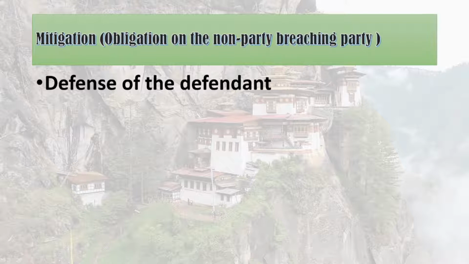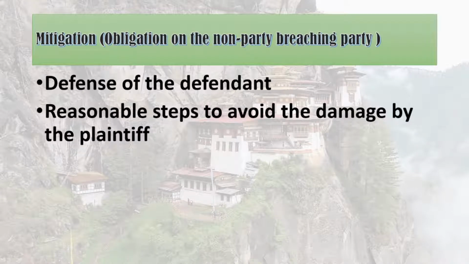The plaintiff may neither act unreasonably to increase the damage suffered, nor avoid the reasonable steps a responsible party would take to keep a harm from growing worse. Mitigation is therefore a defense for the breaching party and imposes an obligation on the non-breaching party. So basically, that person has to take certain reasonable steps to avoid the damages.